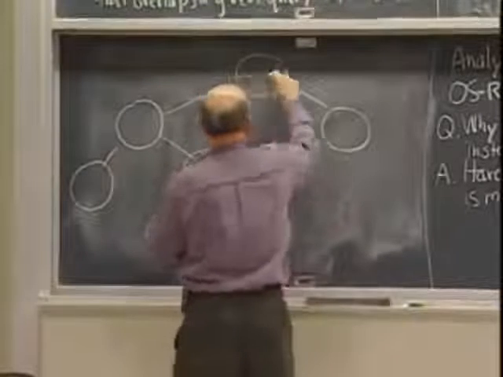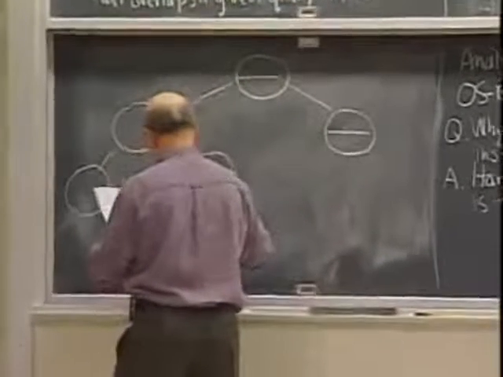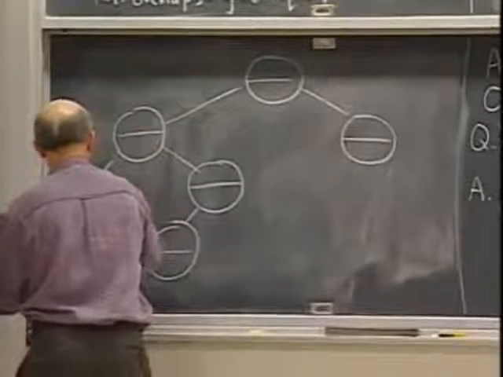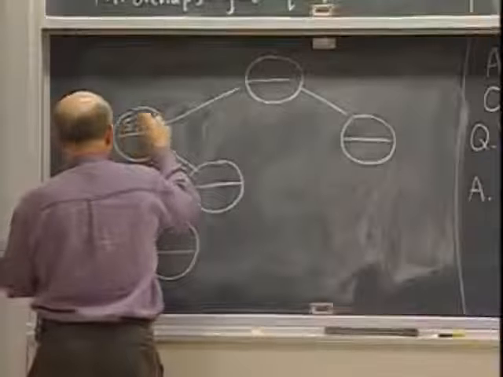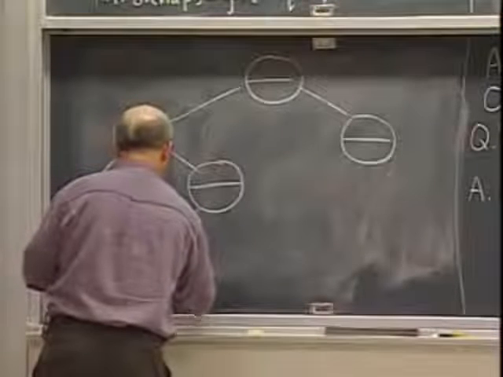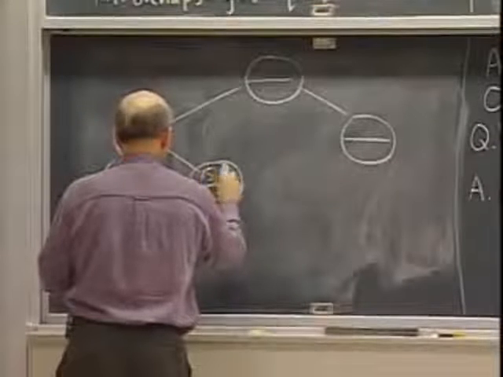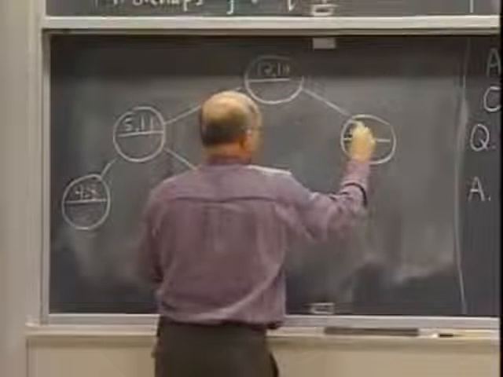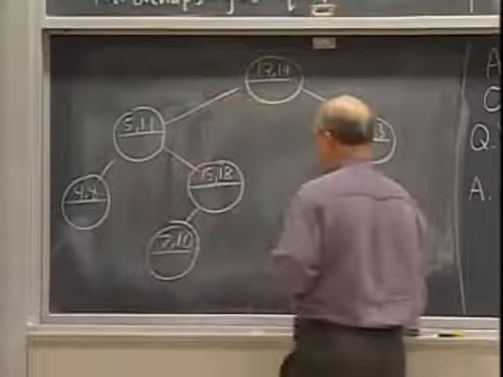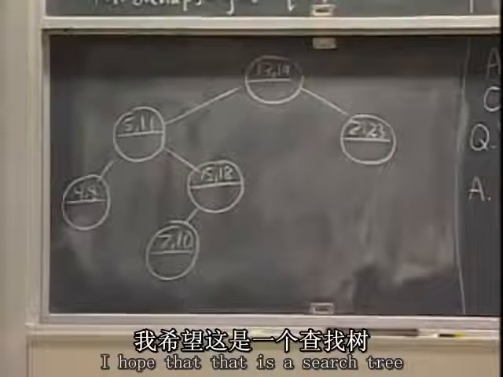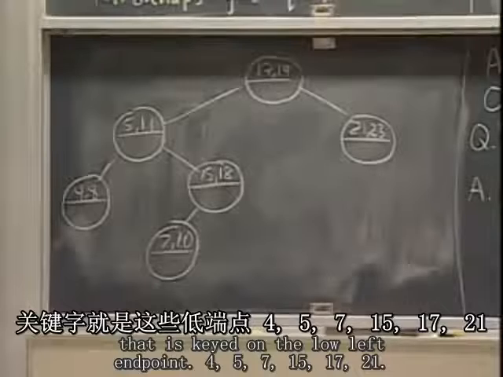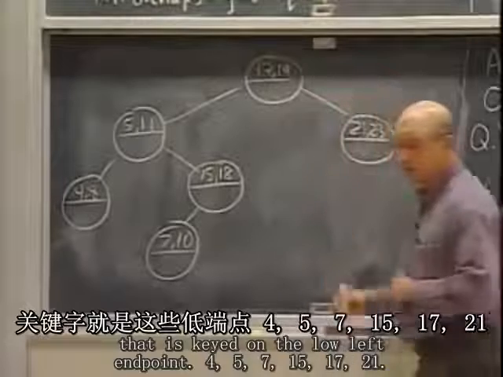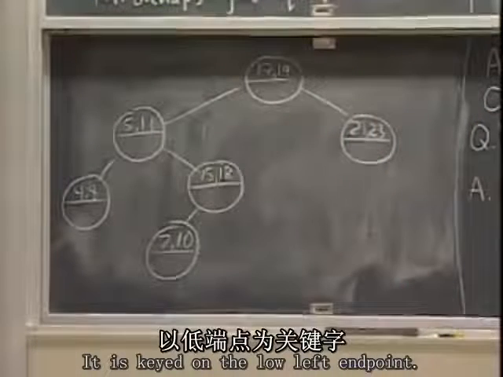Once again, I'm not drawing the nils. I hope that this is a search tree that's keyed on the low left endpoint, right? So 4, 5, 7, 15, 17, 21. It's keyed on the low left endpoint.